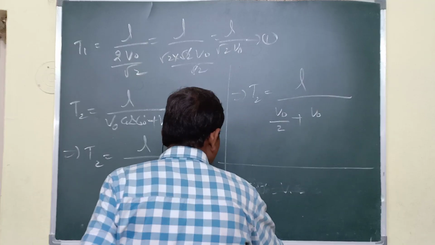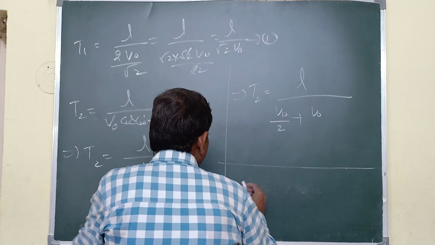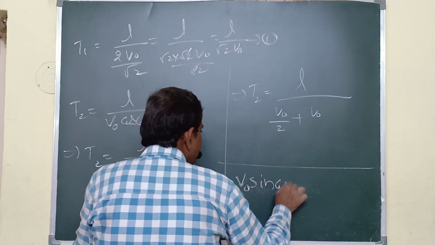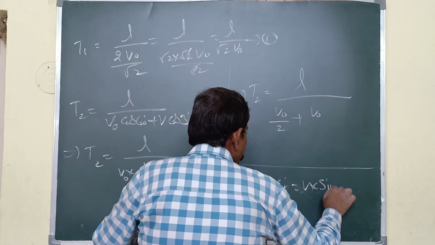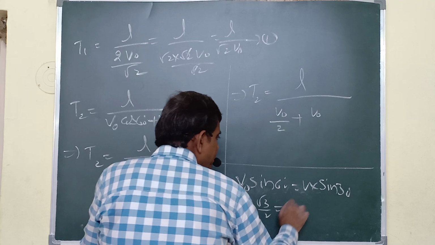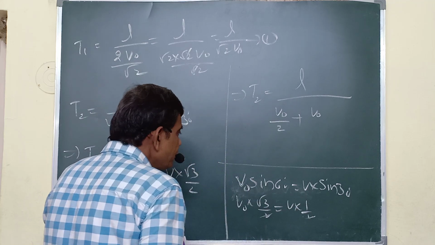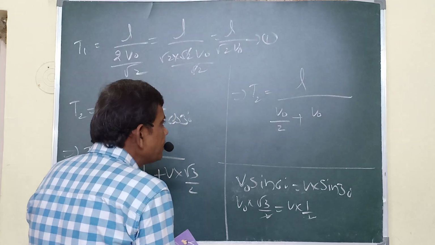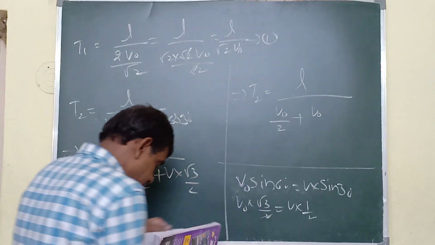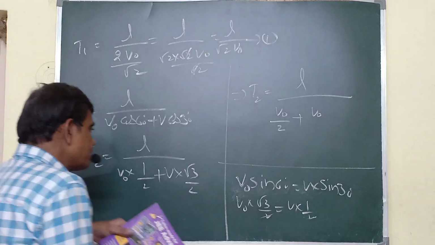From that condition we had got one relation. What is that relation? V naught sin 60 equals V into sin 30, with sin 60 root 3 by 2. So this is the relation. Here V equals V naught root 3, so root 3 into root 3 gives 3, so 3 V naught by 2.